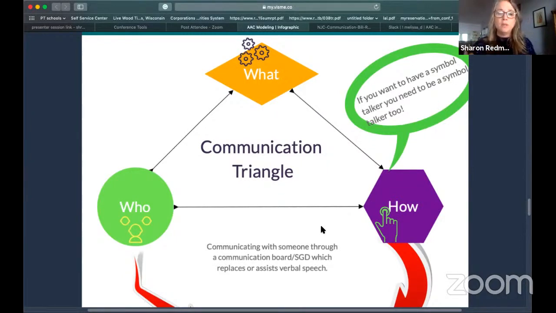We have this communication triangle that we talk about: the what, the who, the how. And I love this piece from Kelly Fauner. She says, if you want to have a symbol talker, you need to be a symbol talker too. And adults, we need visual supports to remind us all day long. I plaster these things all over the place so that we have these reminders.